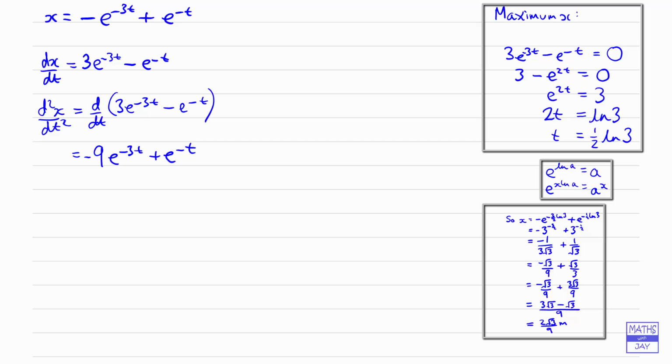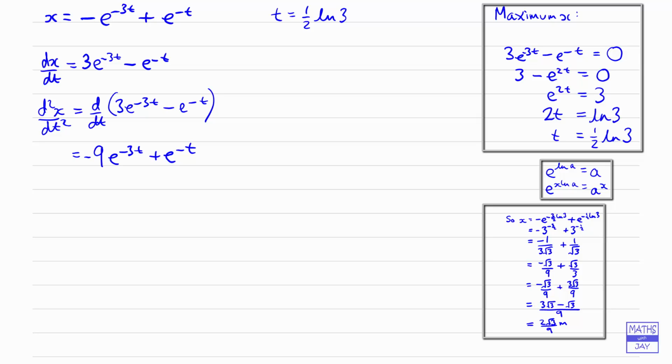Now what we want to do next is to substitute in the value of t that makes the value of x a maximum. So remember that we know that t is a half log 3, but we also know that e to the power of 2t is 3. So let's just write down the important things that we're going to be using. We've got that t is a half log 3.